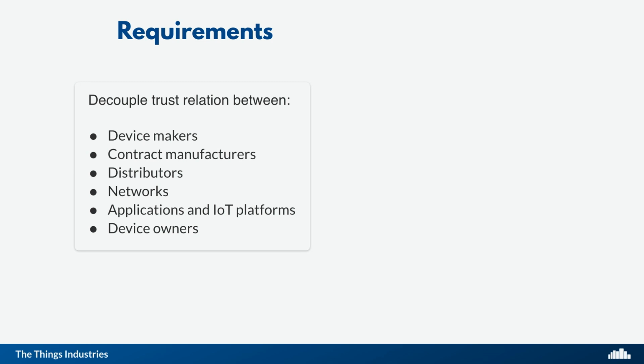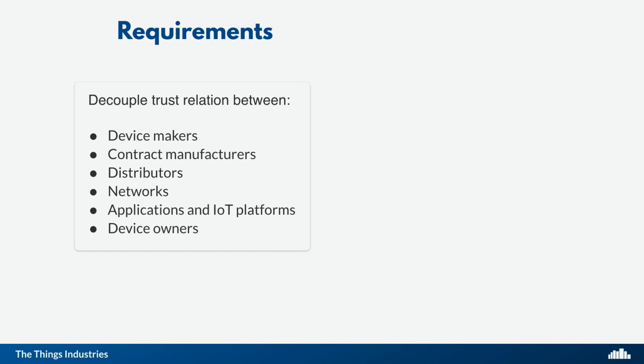And today, in LoRaWAN, without proper security measures in place, there is a group trust between device makers, contract manufacturers, distributors, networks, applications, IoT platforms, and device owners, because they all have to play well together to keep the entire LoRaWAN deployment secure.